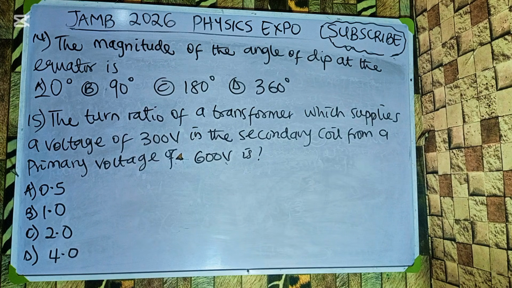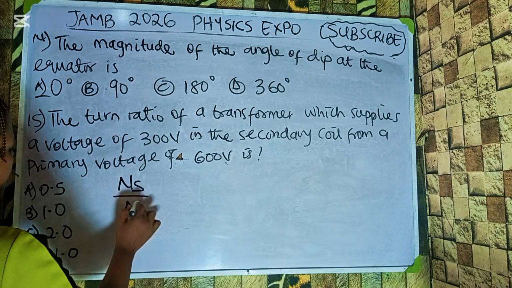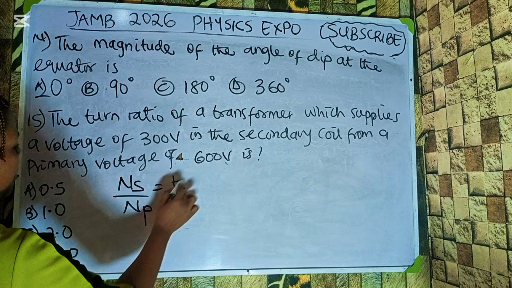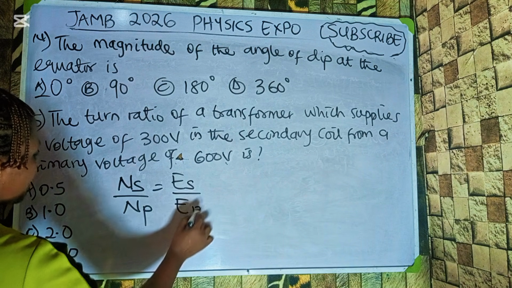Question 15. The turns ratio of a transformer which supplies a voltage of 300 volts in the secondary coil from a primary voltage of 600 volts is what? We are looking for the turns ratio, and from the formula, the number of turns in the secondary over the number of turns in the primary is equal to the EMF or voltage of the secondary divided by the voltage of what? The primary, right?